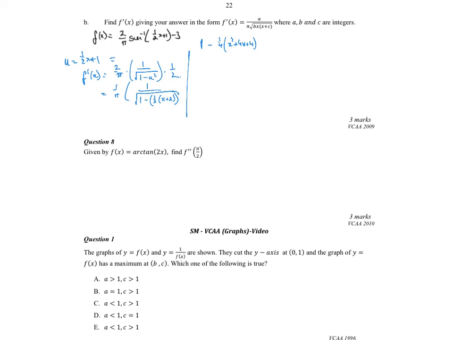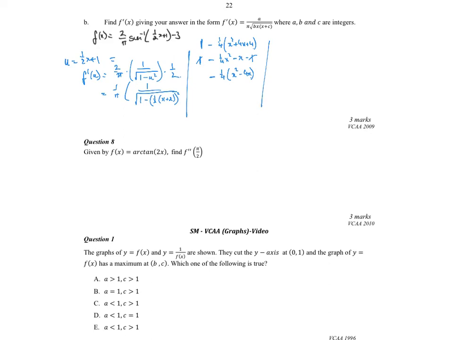Well, let's go 1 minus a quarter x squared minus x minus 1. So the 1's cancel, which leaves me, I'm going to bring that quarter back out, and I'm going to write that as x squared minus 4x. So that's what's under the square root sign.